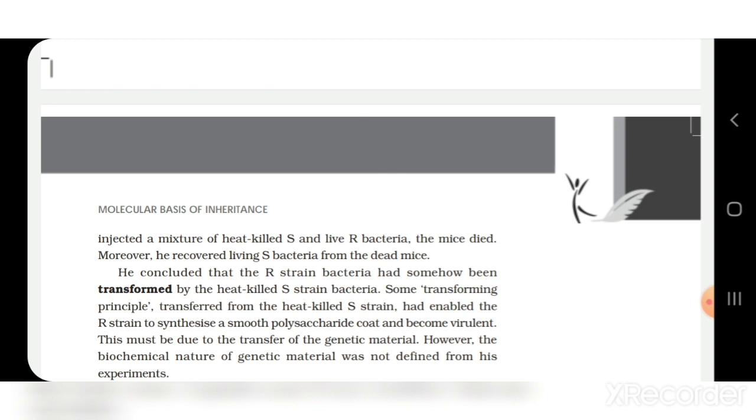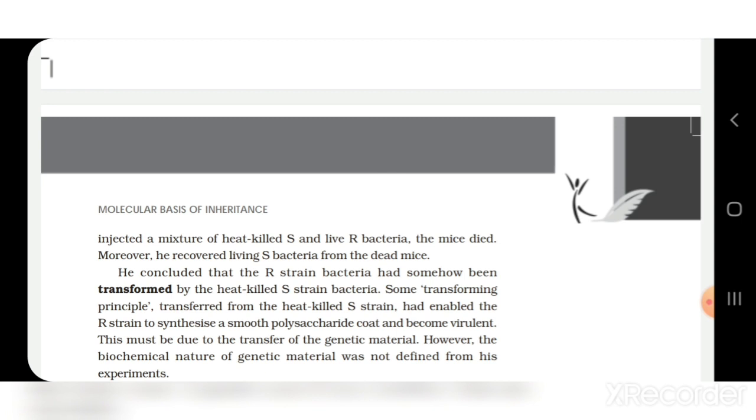Okay, so Griffith concluded from this experiment that there was some factor, known as the transforming principle, in the heat-killed S cells that was transferred, and it transformed the R cells into the S cells, right? So what happened? It enabled the R strain to synthesize a smooth polysaccharide coat and become virulent, which finally developed pneumonia and killed the mice.